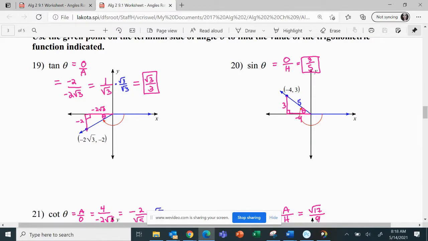Look at number 19. What's A? A is -2 square root 3 for number 19. What is that from the coordinates? That is the X.